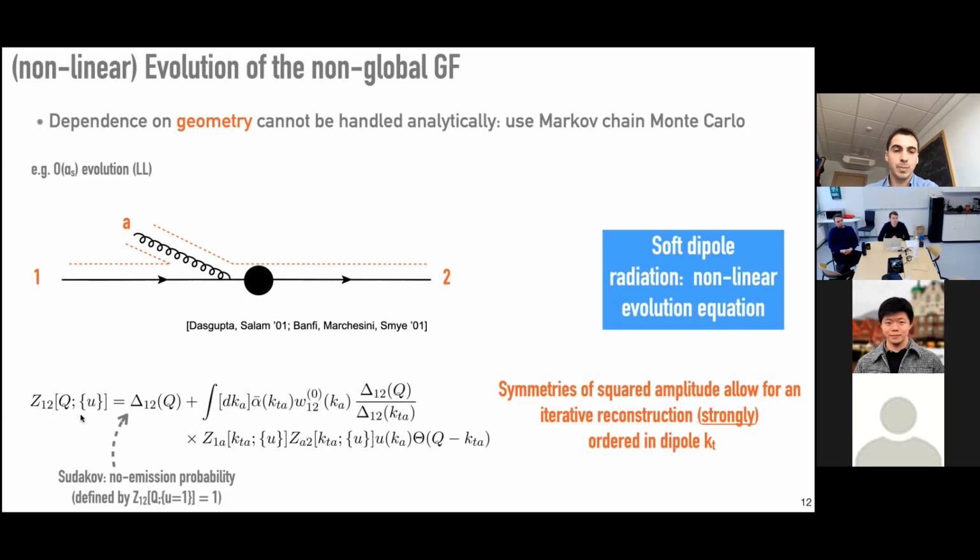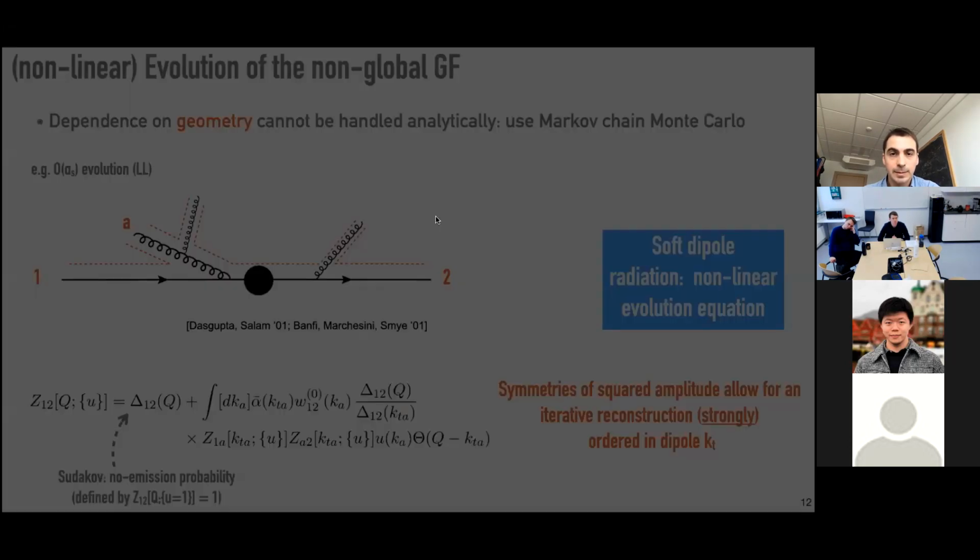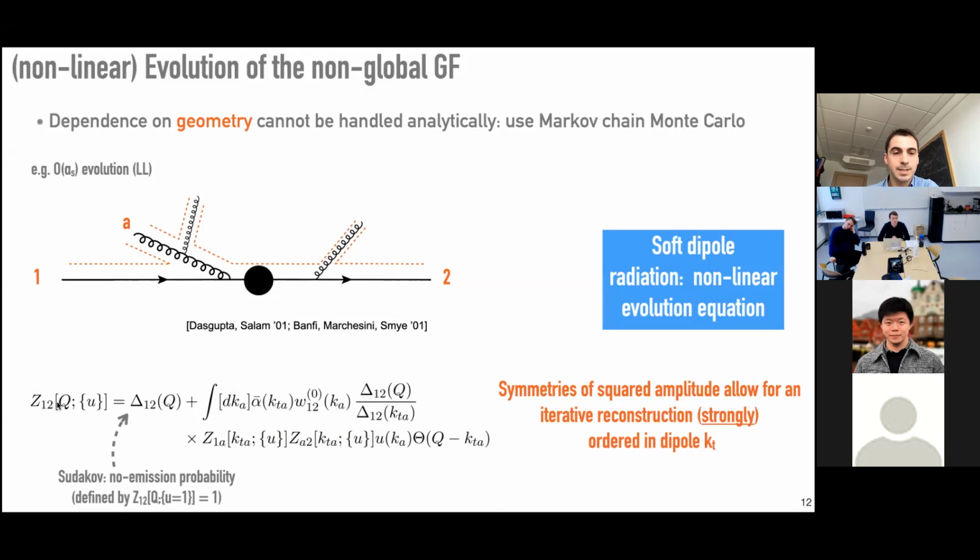So basically you have to plug this evolution equation back into each of these two and carry on to generate a second gluon, then a third gluon, and so on. So the number of dipoles grows quickly, and each of the dipoles keeps evolving with the same evolution equation all the way down to low scales.